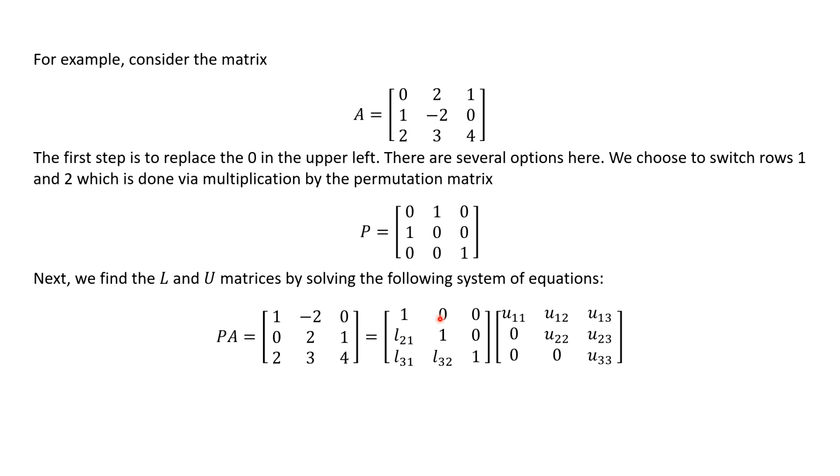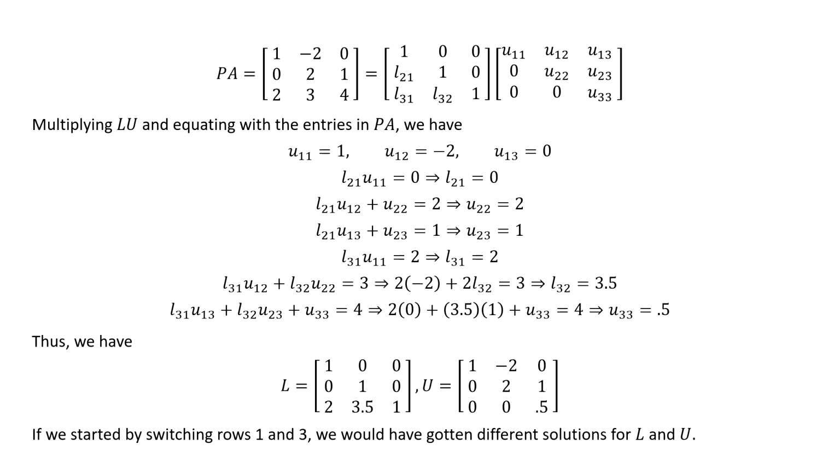And then we have our lower triangular matrix and our upper. We don't know what the values are yet, but normally you set the diagonal of the lower triangular one to 1s. So when you multiply this out and then equate it with this side here, you get a set of equations which you use to solve for the different L's and U's, which I'll show you on the next slide. Let's continue with our problem.